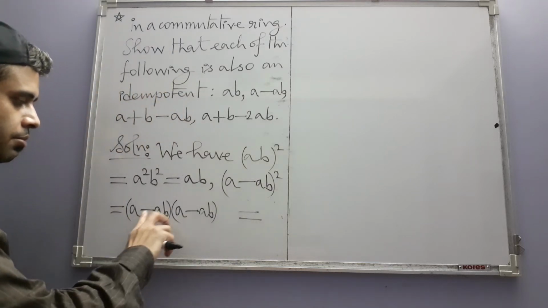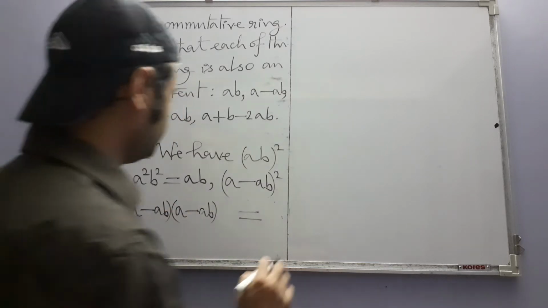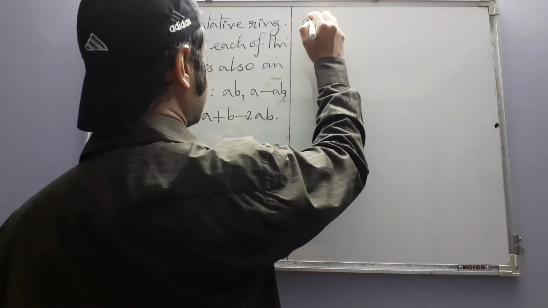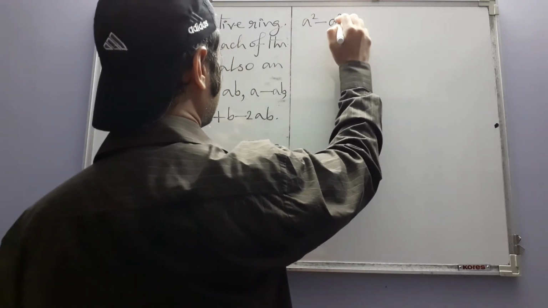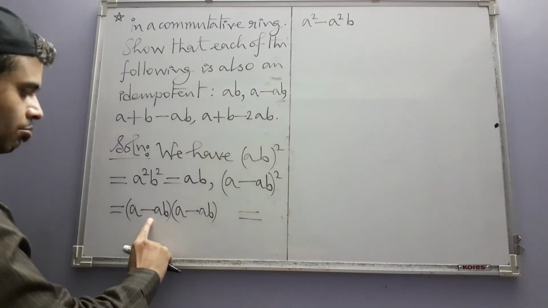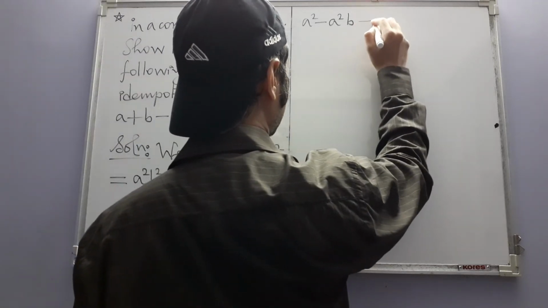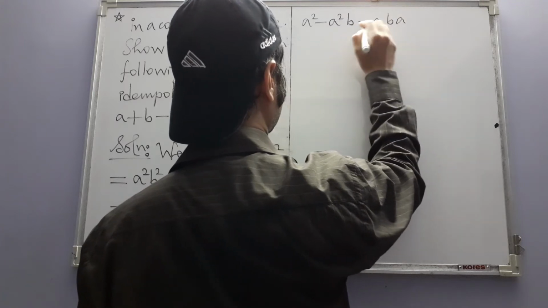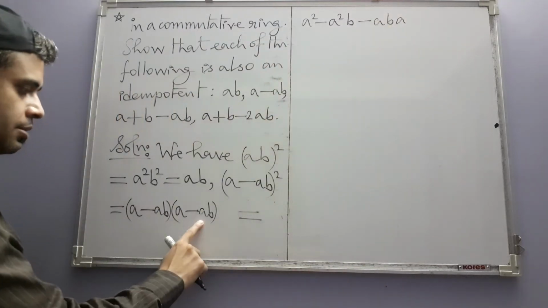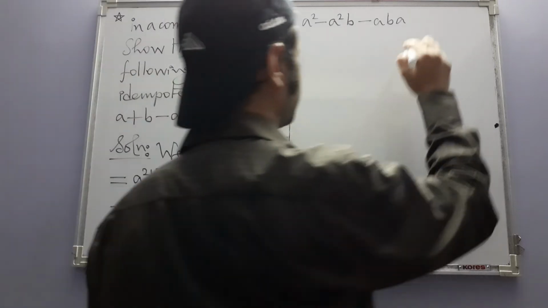Again, A square minus A square B, minus ABA. Let's just first write ABA plus (AB) whole square.